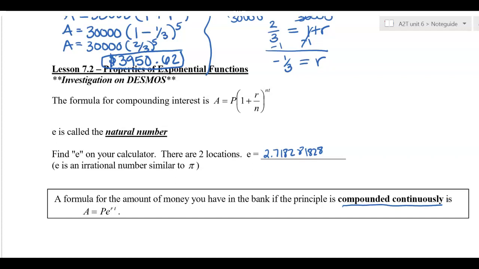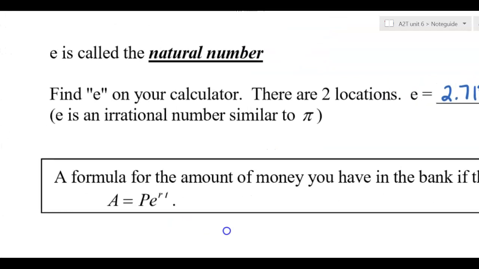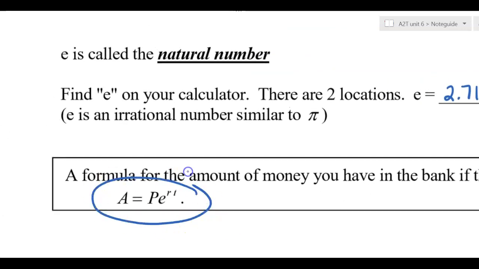When I hear something that means I can say, oh, that means this many compoundings, then I should be using the formula with N in it, like you guys did in your investigation. If they say compounding continuously, I would want to take that formula and max it out, and that gives us this new formula here, okay?